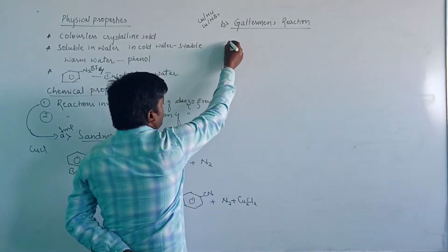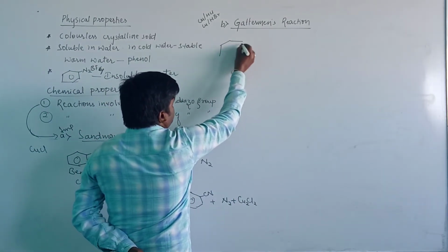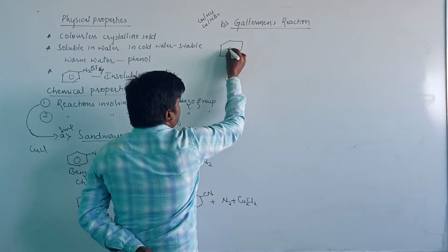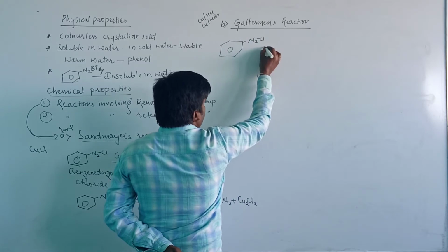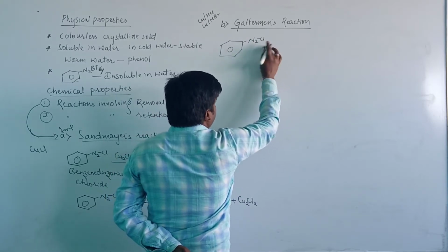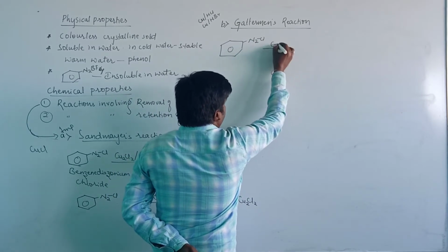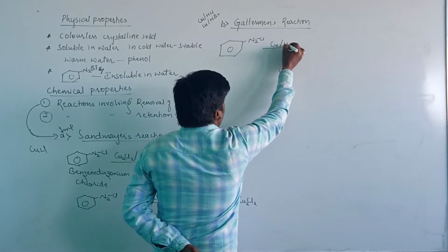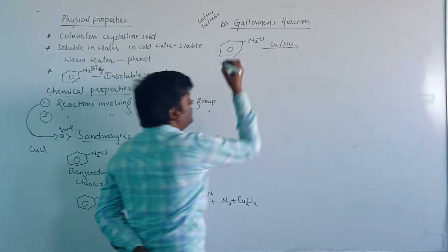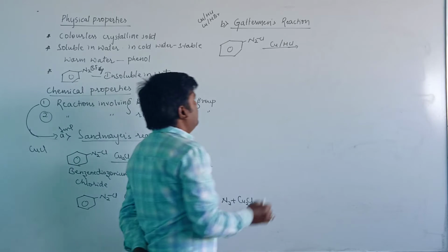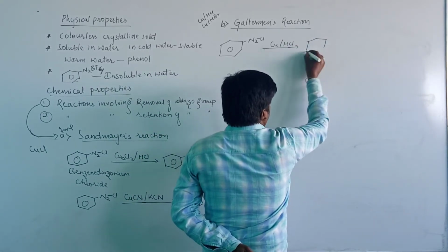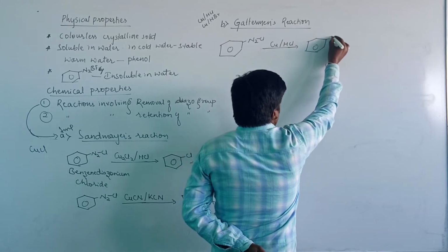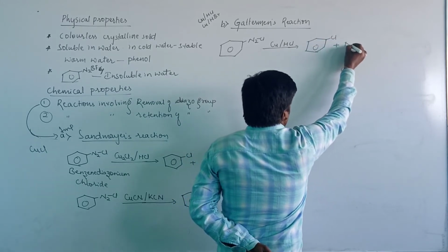Let us see the reaction. When benzene diazonium chloride, C6H5N2Cl, reacts with copper in hydrochloric acid, or we can take hydrobromic acid, then it gives the compound chlorobenzene. The products are chlorobenzene and nitrogen.